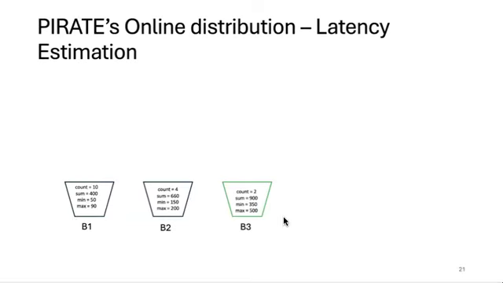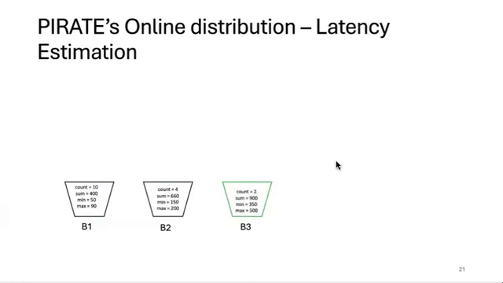So latency is calculated as a weighted sum of the latency due to B3. Since bucket B3 has 2 samples and bucket B1 has 10 samples, for one sample from B3, we take 5 samples from B1. And for one sample from B3, we take 2 samples from B2 because B2 has 4 samples.